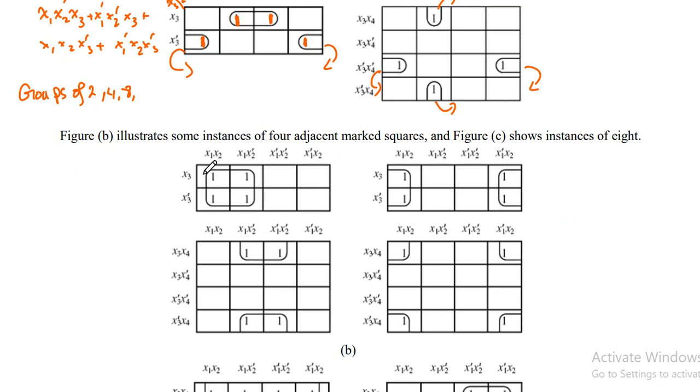Or you could have a group of 4 ones all adjacent to each other like this one. This one is a group of 4 as well. Why? Because this paper again can be folded this way, like a tube when you make the whole paper fold. And then the same way this group of 4.